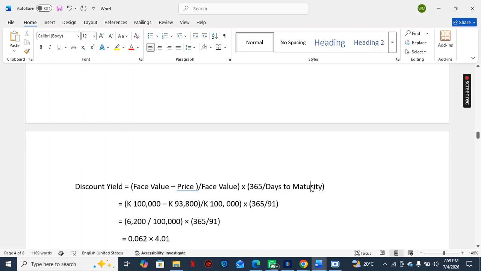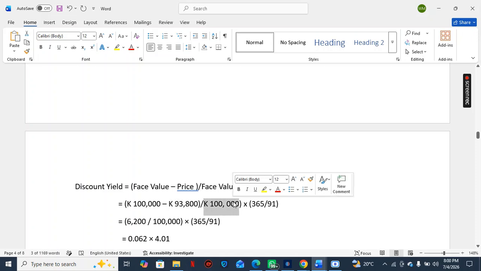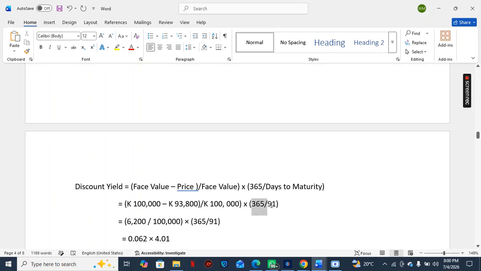So the face value, 100,000. This is how much you are paid when the treasury bill matures. The price, 93,800. This is how much you're paying for the treasury bill. Divided by the face value times 365 over 91 days. This matures in 91 days.